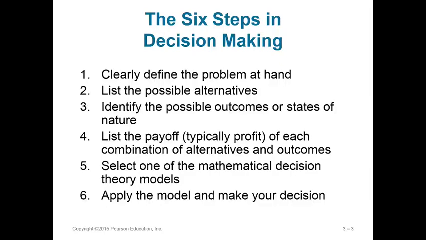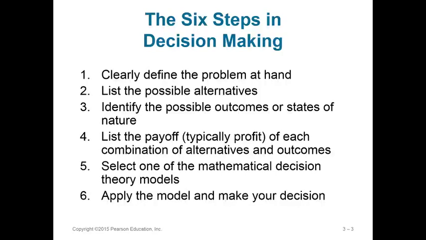Once you've defined the problem at hand, at least the best that you can, find out what your different alternatives are for actions that you might be able to take. What things can you do? If you look at each one of those actions, then you have expected outcomes. And what are those outcomes?